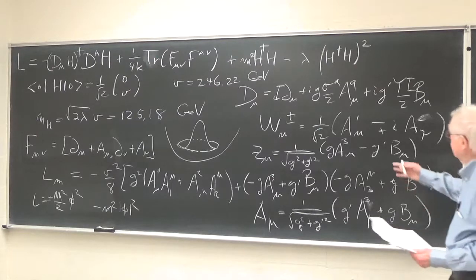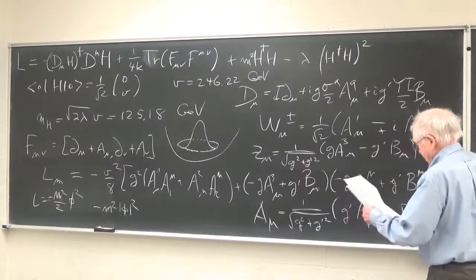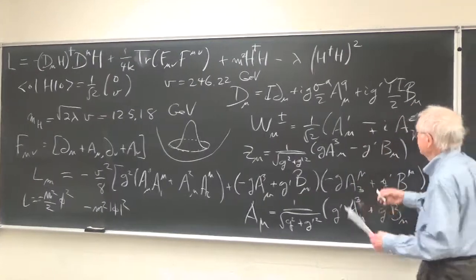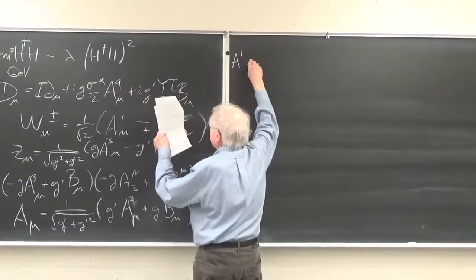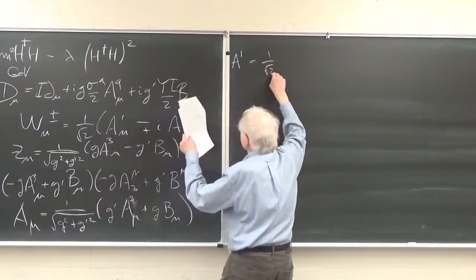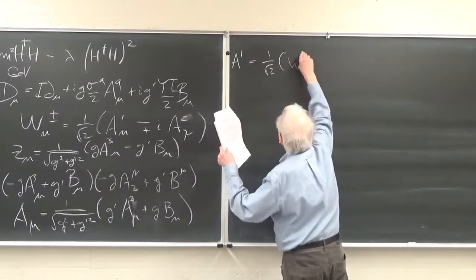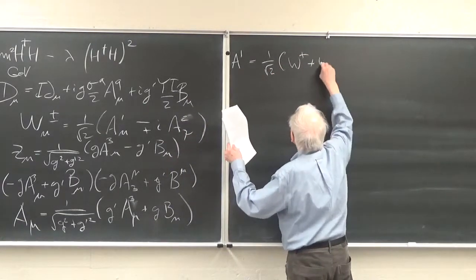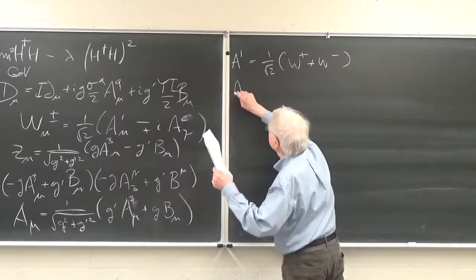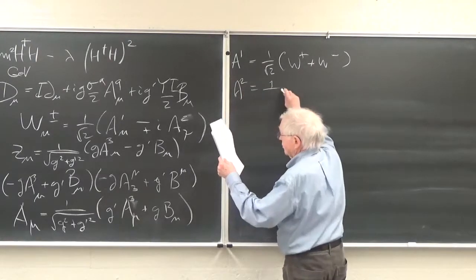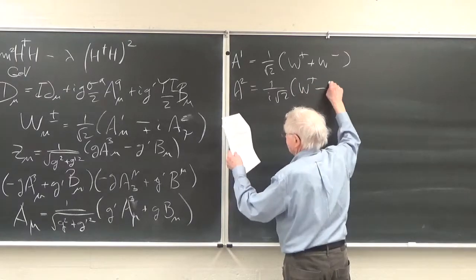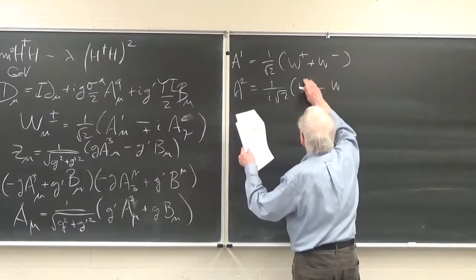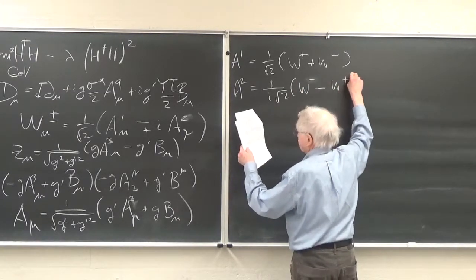These fields, A1, A2, and A3, you can invert these expressions, and you get that A1, I'm going to leave out the mu's, is 1 over square root of 2 times W plus W minus. A2 is 1 over i root 2 times W plus minus, no, I'm sorry, it's W minus W plus.